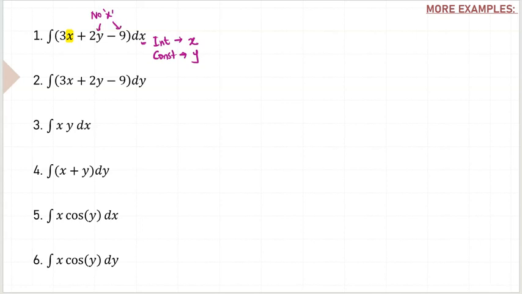So what will be the integral? It will be 3 times, for x, the integral x power 2 over 2, plus 2y, and since there is no x, we multiply by x, minus 9x. Clear? No x means multiply by x. Why? Because we are integrating with respect to x, and if you have a function of x, just integrate it.